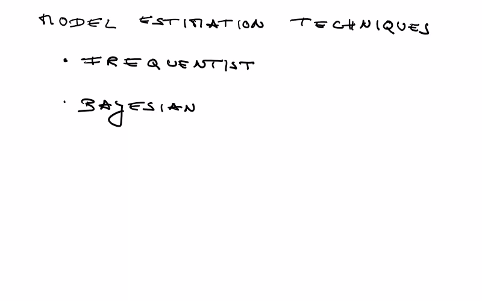So there are two or more fundamental differences. So maybe let's start from what you get. In a frequentist approach, what you get out of a data estimation is essentially point estimates.